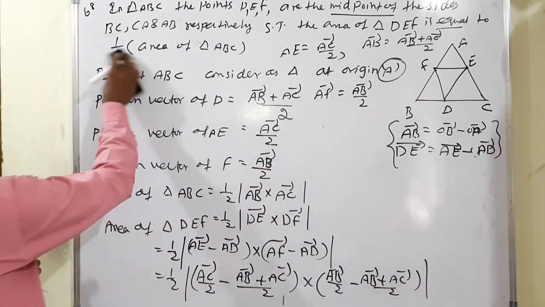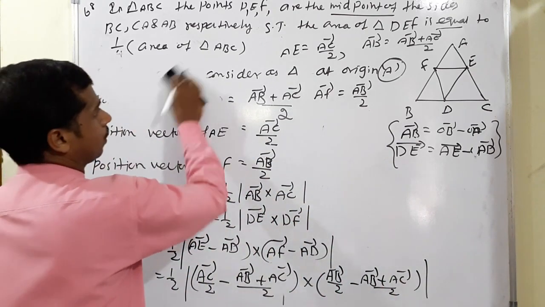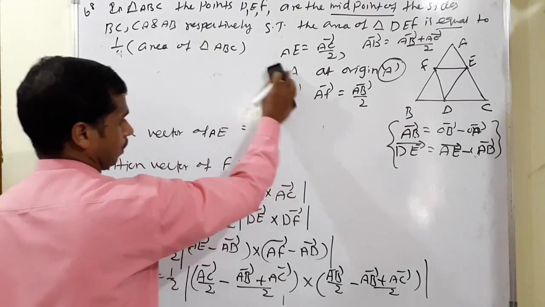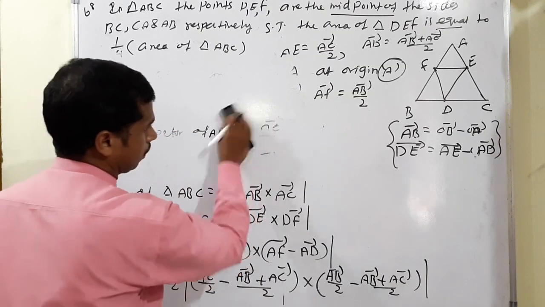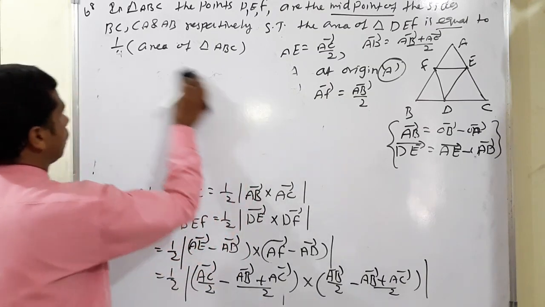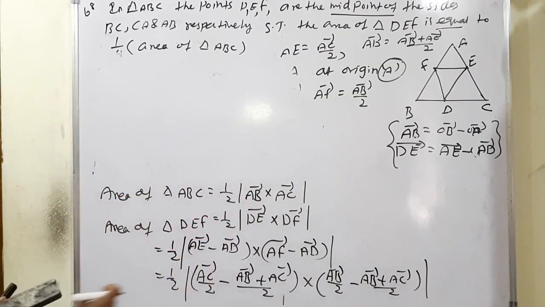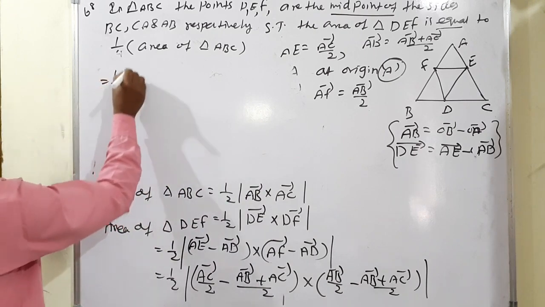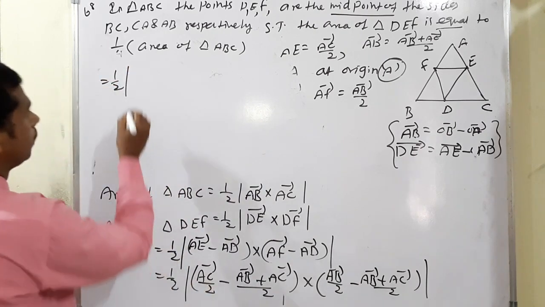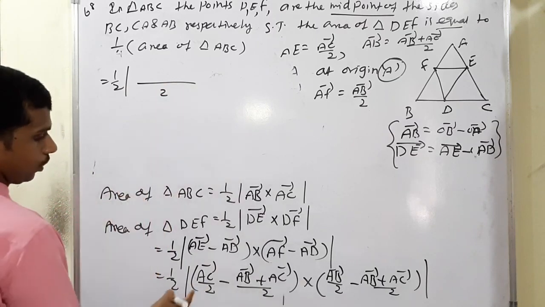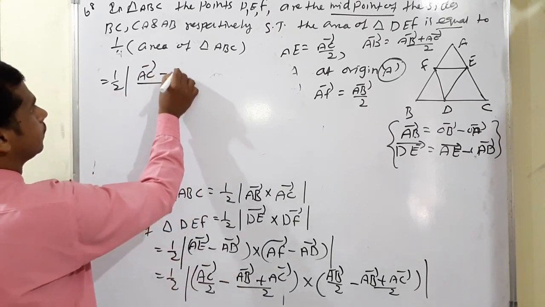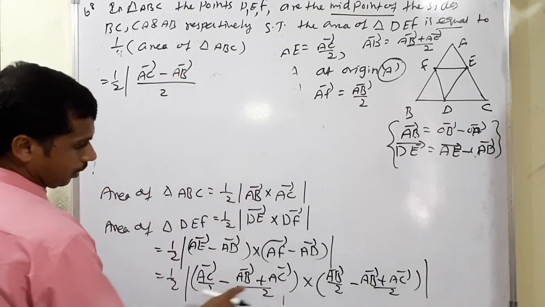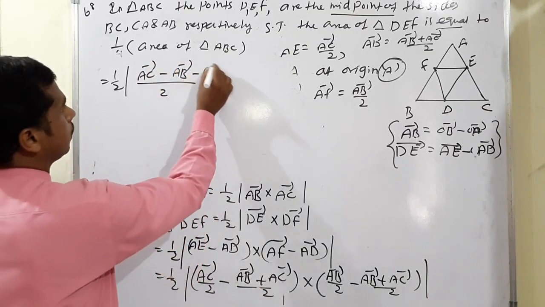Now look at there, again 1 by 2 outside as it is, again modulus of common denominator 2, what will happen? AC vector minus AB vector, again plus into minus, minus AC vector.